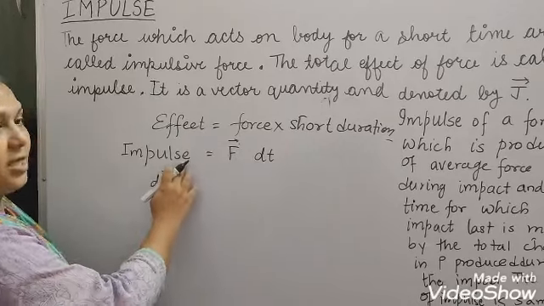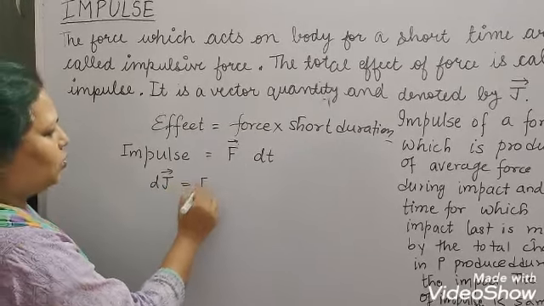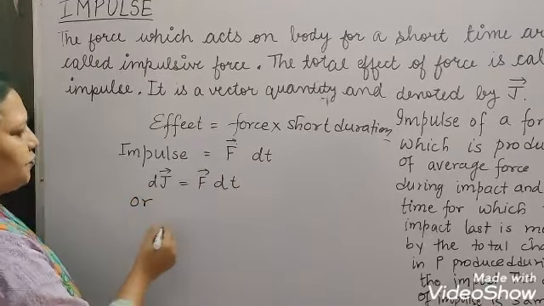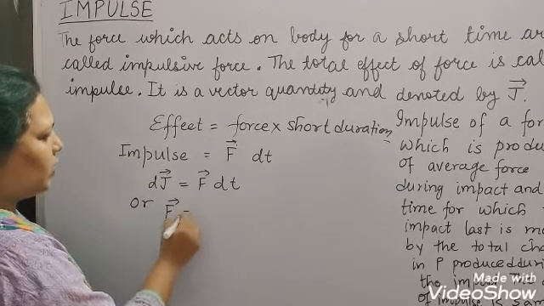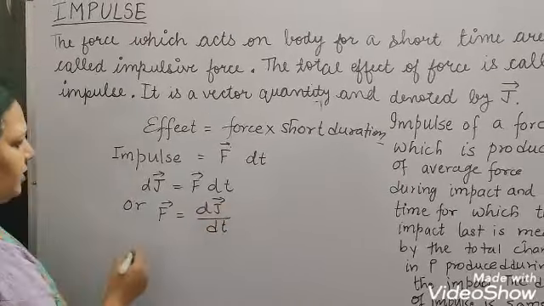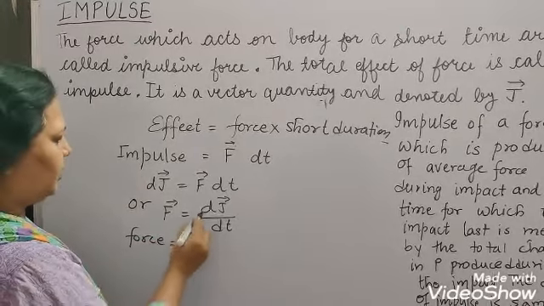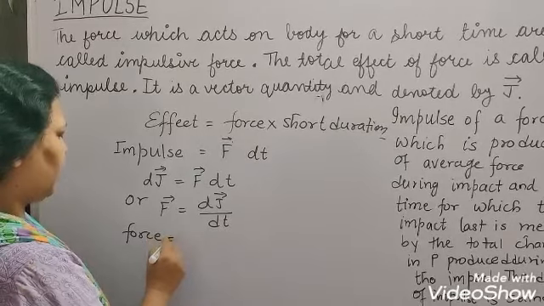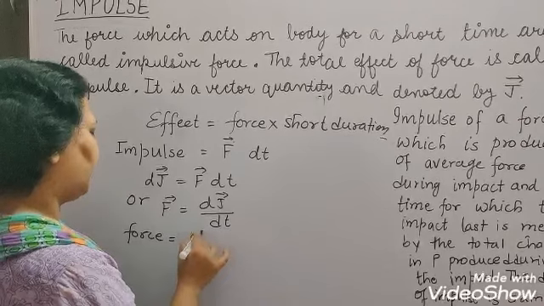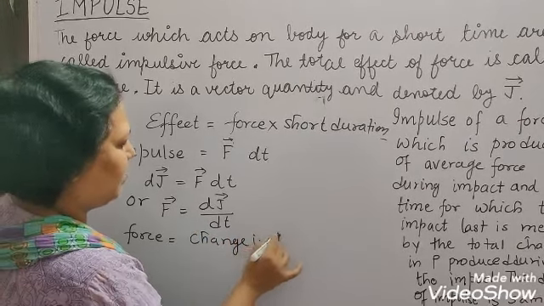So dJ is equal to F dt, or F is equal to dJ upon dt. That means the force is equal to the change in impulse.